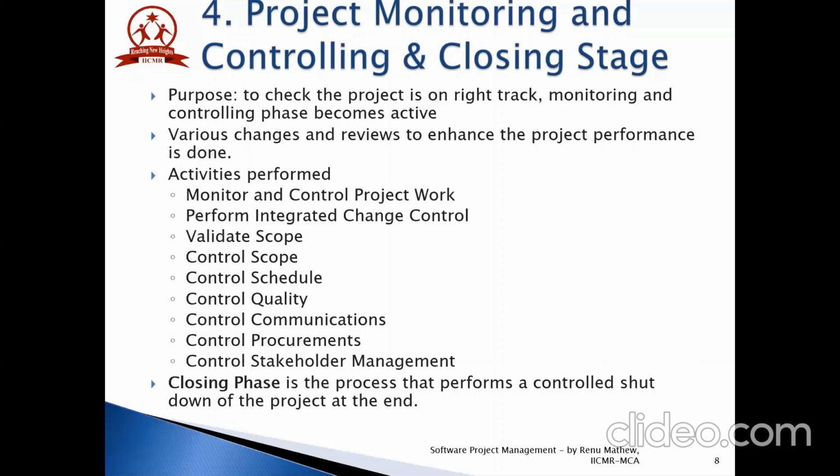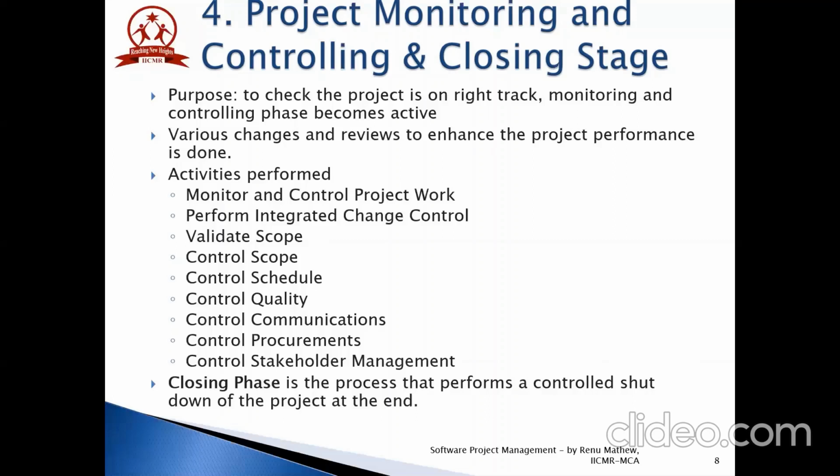The monitor and control project work stage involves tracking, reviewing, and regulating the progress in order to meet the objectives of the project. It also ensures that the deliverables are according to the project management plan. The main focus of this step is to identify any changes made from the project management plan to determine appropriate preventive action.